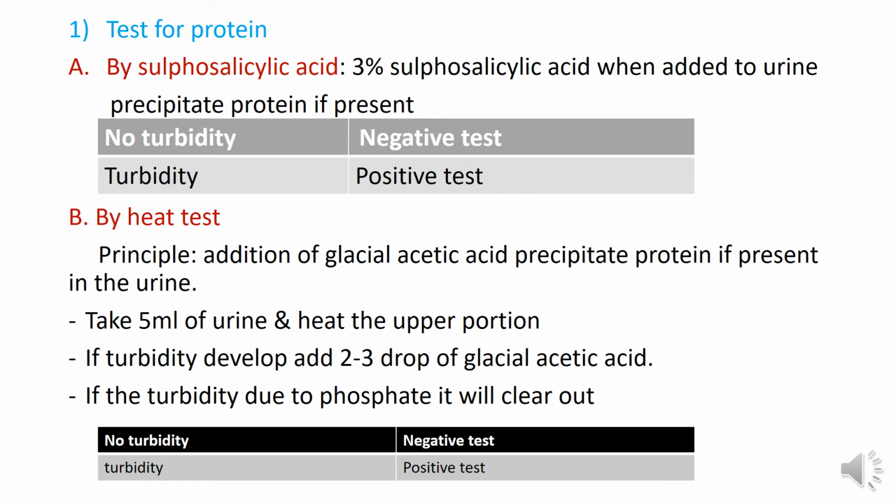If turbidity develops, add 2 to 3 drops of glacial acetic acid. If the turbidity is due to phosphate, it will clear out. But if the turbidity is due to something else, the turbidity remains as it is. If the turbidity remains after adding glacial acetic acid, the test is positive, and if there is no turbidity, the test is negative.